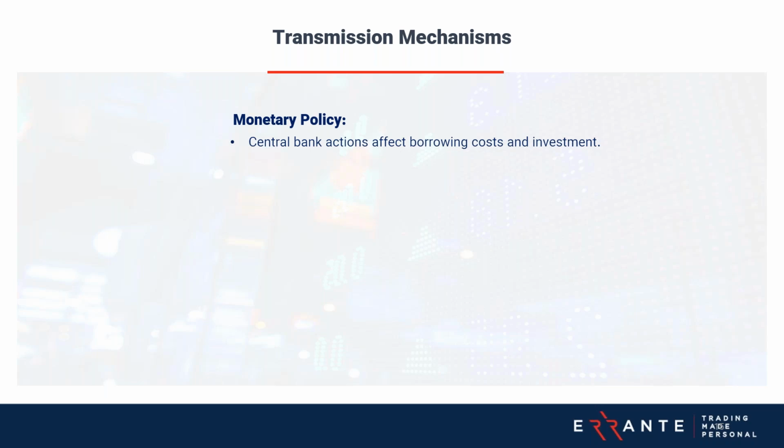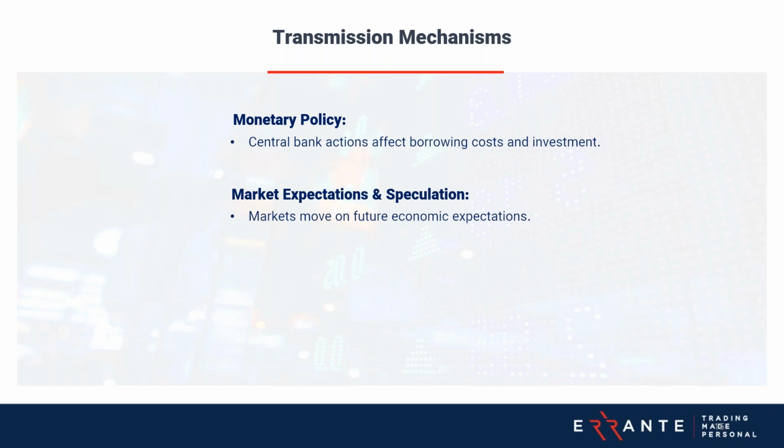And then it creates expectations and speculations around all of these transmission mechanisms, because market anticipation plays a very, very crucial role here, as traders often make decisions based on expected future economic conditions.